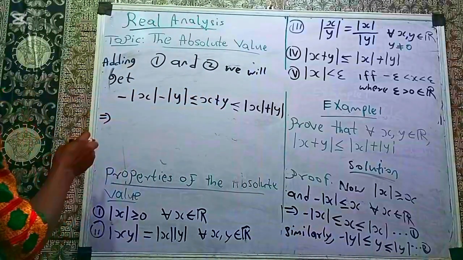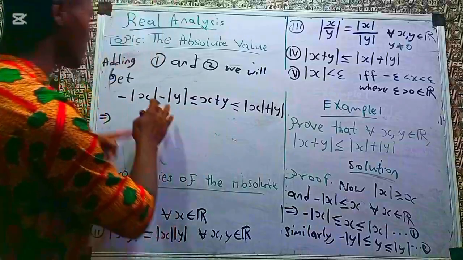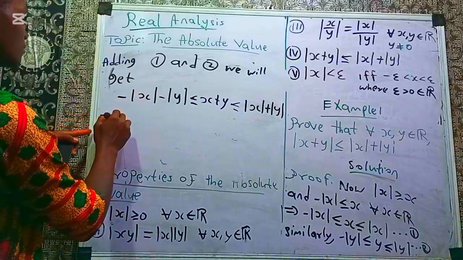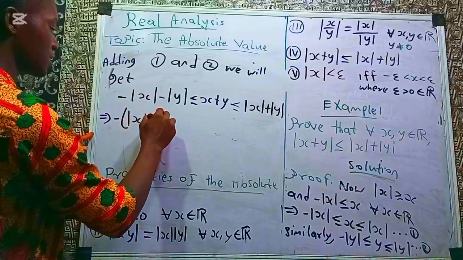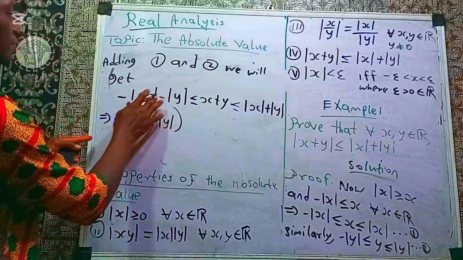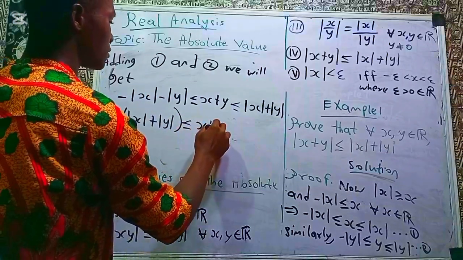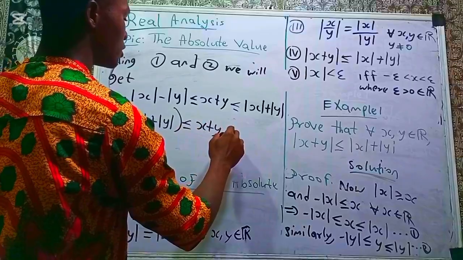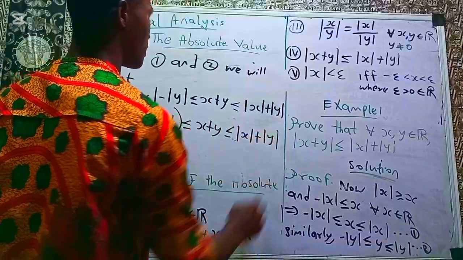This implies, let's factor out negative from here. This will be negative of absolute value of x plus absolute value of y. Right? I factored out negative from this. Less than or equal to x plus y, less than or equal to absolute value of x plus absolute value of y.